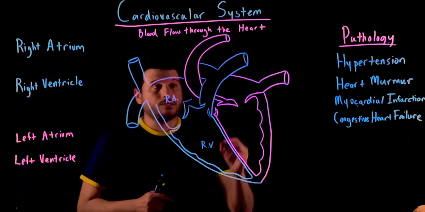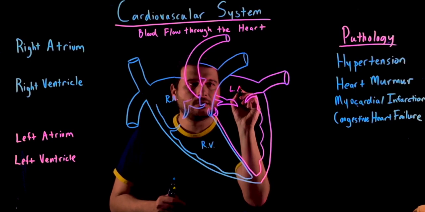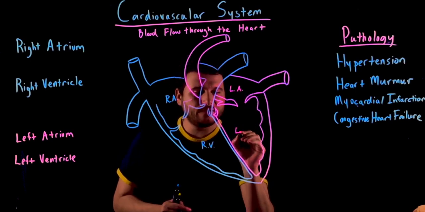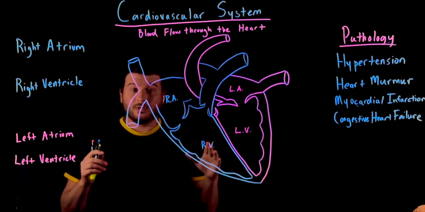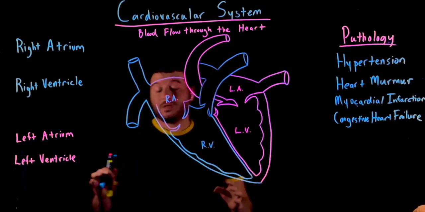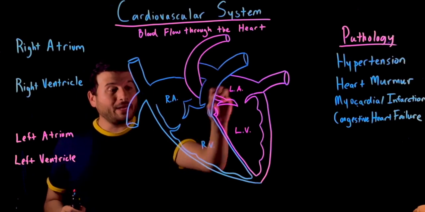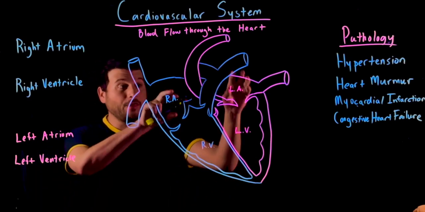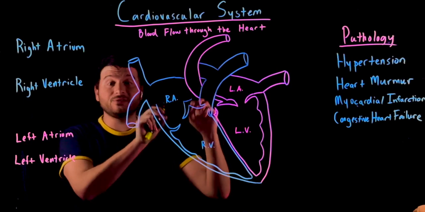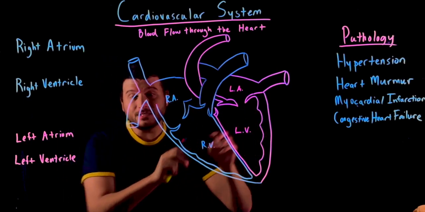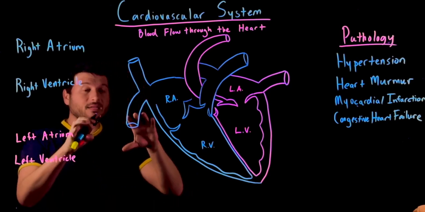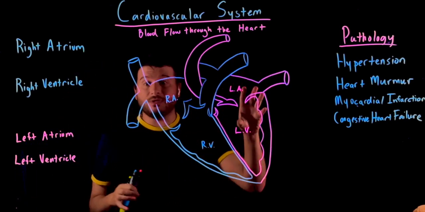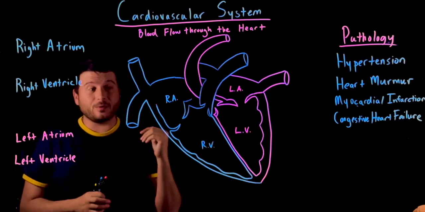The left atrium is right here, and the left ventricle is right there. So, we have the basics down. We have the four chambers of the heart, which are the two atria on top and the two ventricles below it. Now, we're going to discuss how blood flows through this heart, because it's very important.